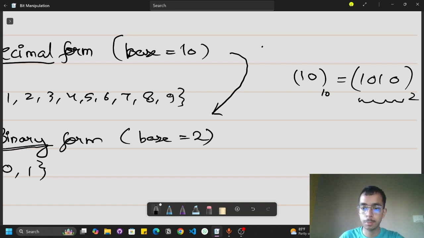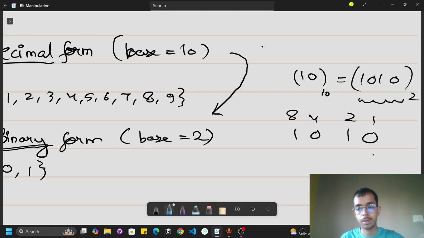If you look at this number, it's 1010. So how are we going to calculate it? 2 to the power 0, 2 to the power 1, 2 to the power 2, 2 to the power 3. That means I'm going to replace these places with the powers of 2: 1, 2, 4, and 8. Now you are going to multiply it.